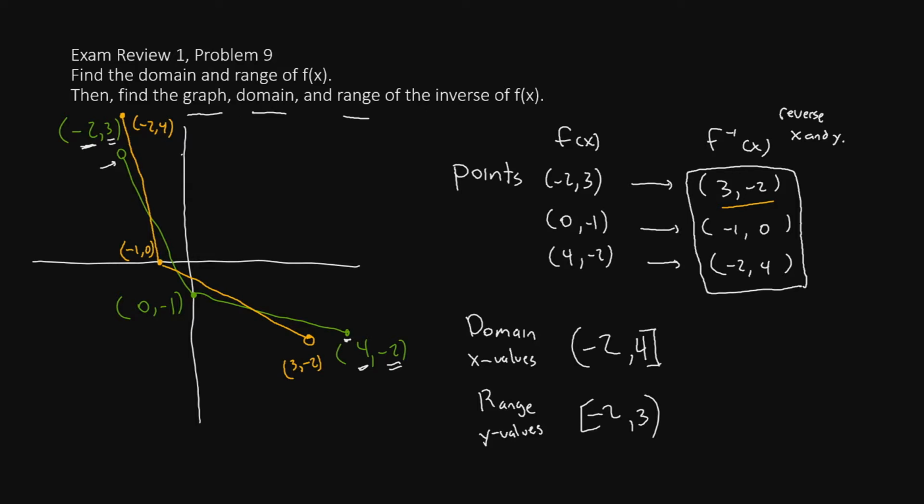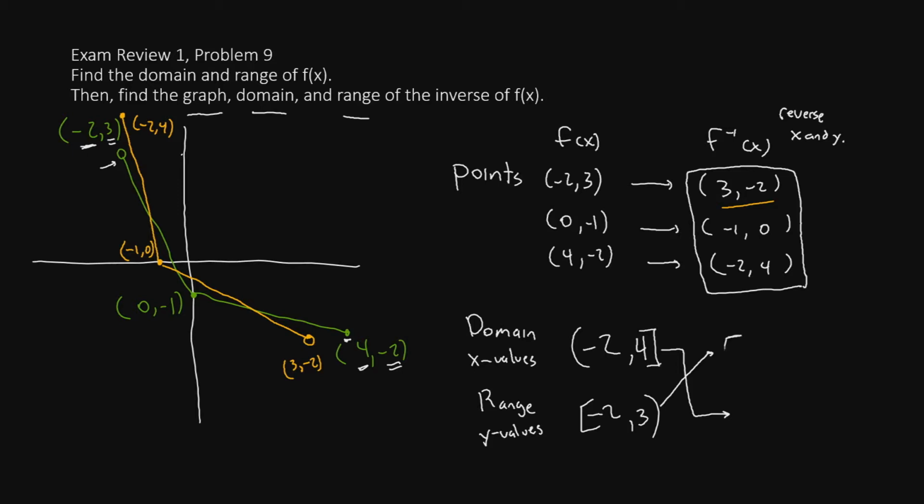Now, to find the domain and range of the inverse function, all we have to do is say that the domain of the original becomes the range when you do the inverse, and the range of the original function becomes the domain when you do the inverse.